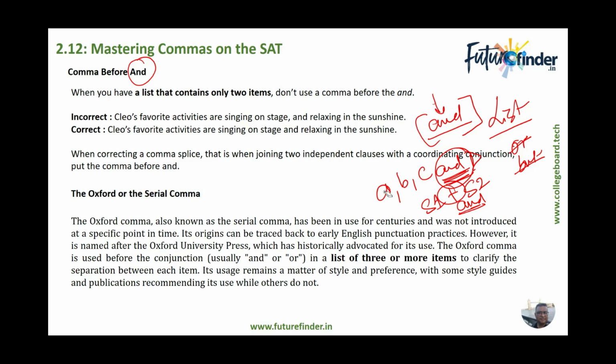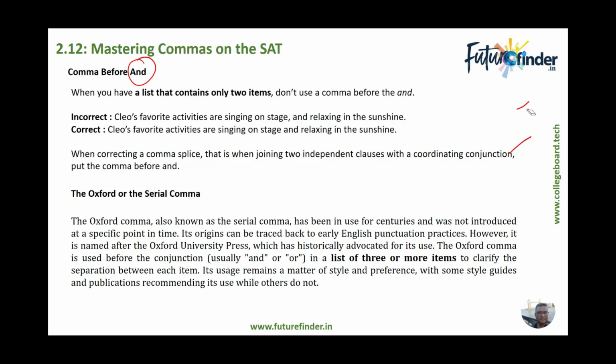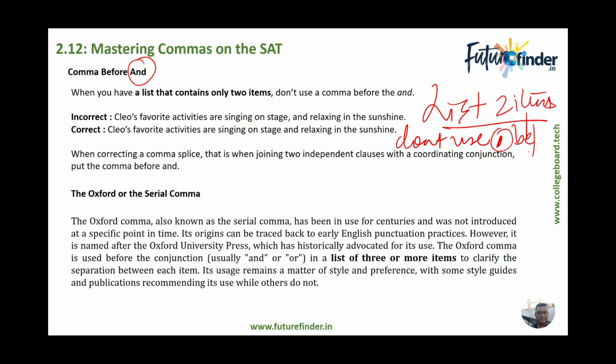The case of the and is very simple. If you have a list with multiple entries, and you are using commas in it, the rule is very simple. If you have a list with two items, we don't use a comma before and.